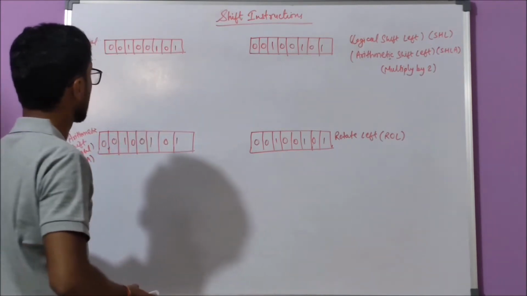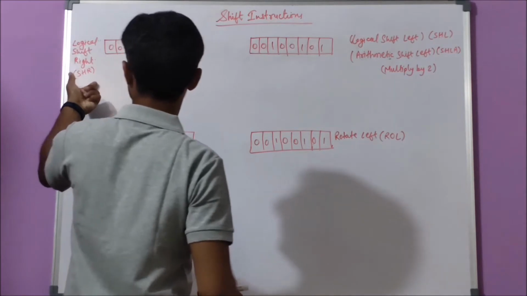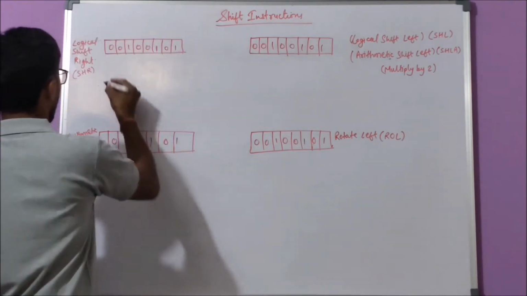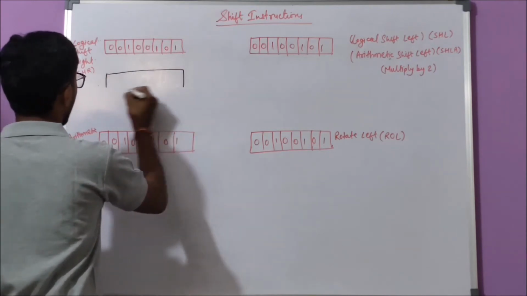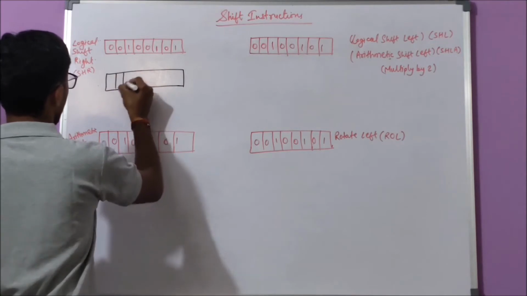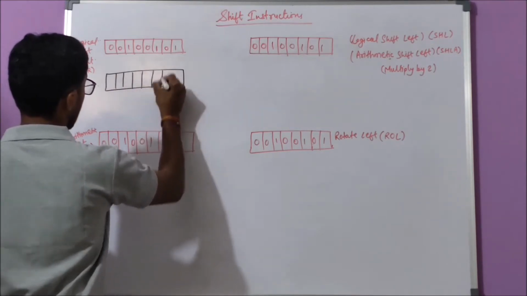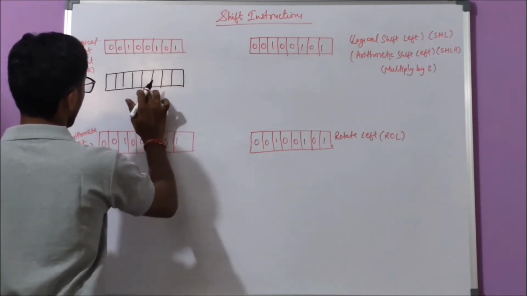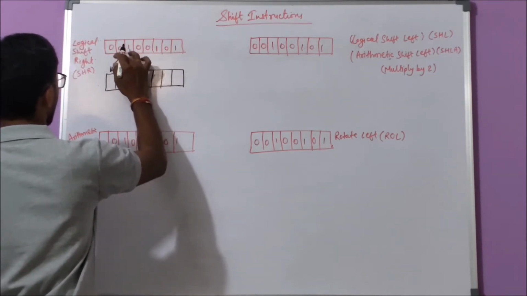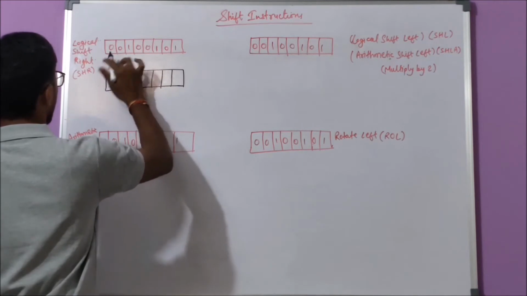How to perform logical shift right? The short notation for logical shift right is SHR operation. So let's see how we can perform it. 1 2 3 4 5 6 7 8, shift right.